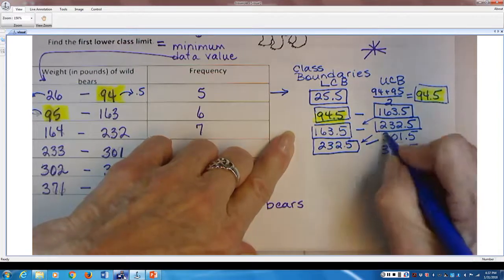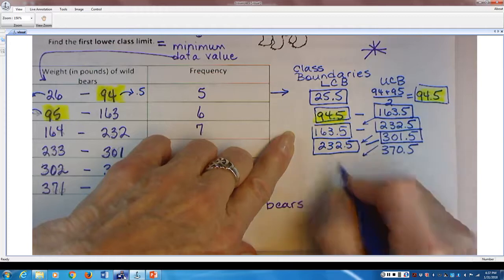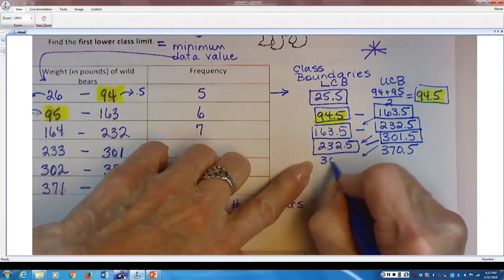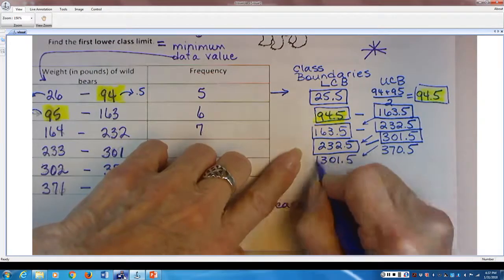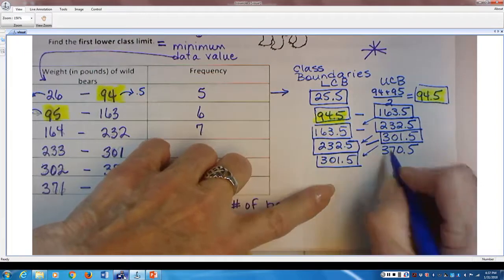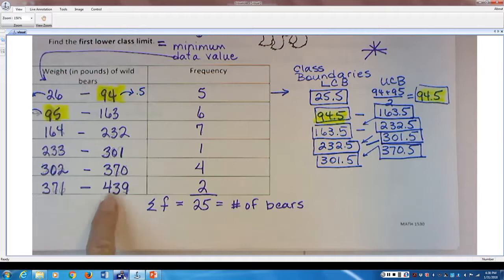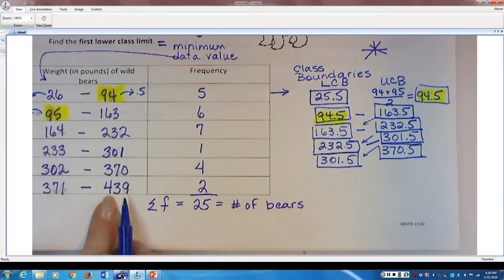And this one repeats itself. And then I need one more. And that's going to be exactly 1/2 a unit higher than the last class boundary.